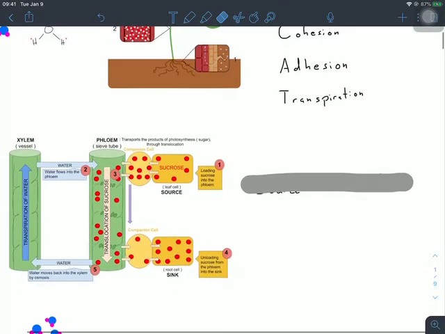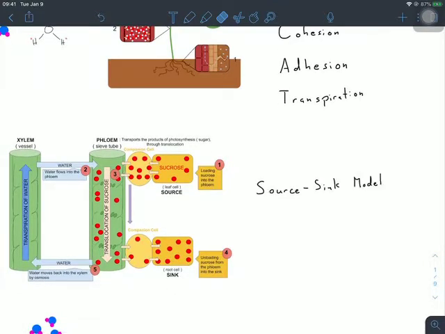Diffusion governed our source sink model of movement of sugars through the phloem, where there was a lot of sugar dissolved in the water of our leaf cells that then got transported to our companion cells where it was at high concentration.